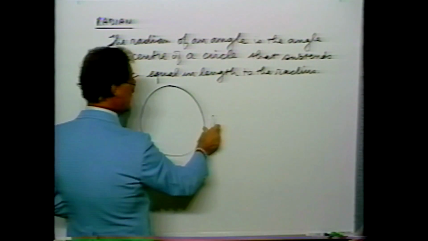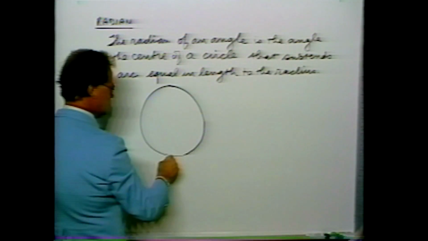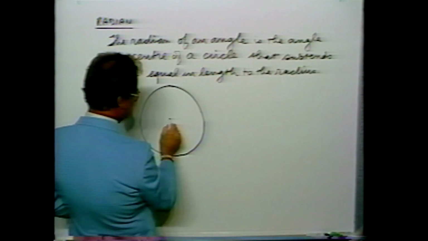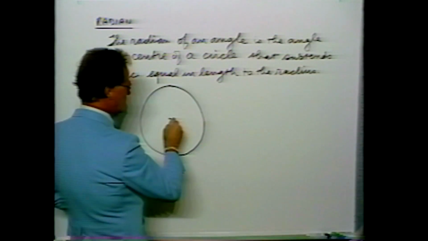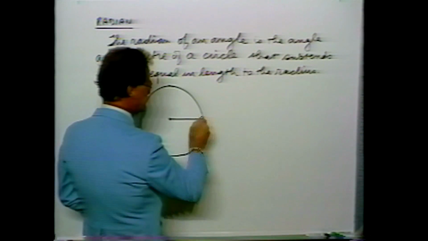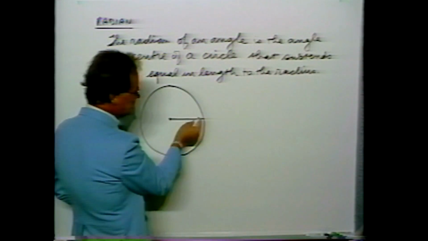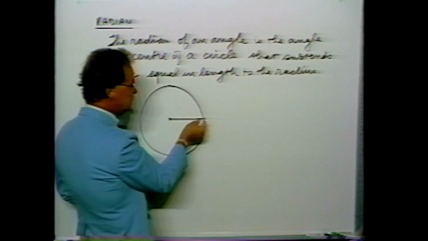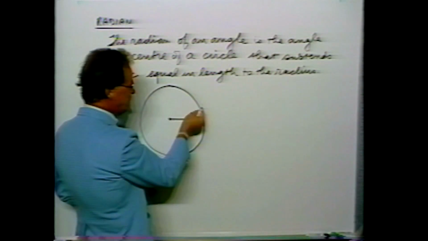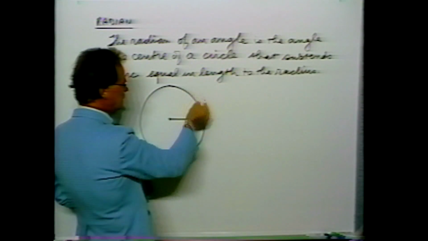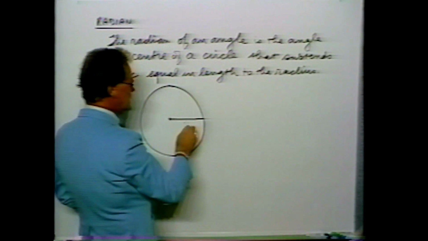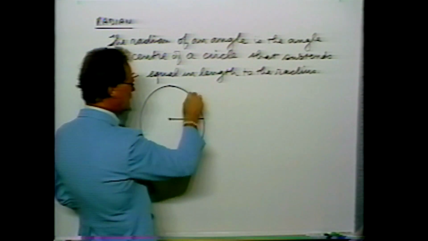Let's take this to represent our circle with this as its center. Draw a radius. Take the length of the radius and, as in using a string, wrap it around the circle until you have a length equal to the length of the radius.